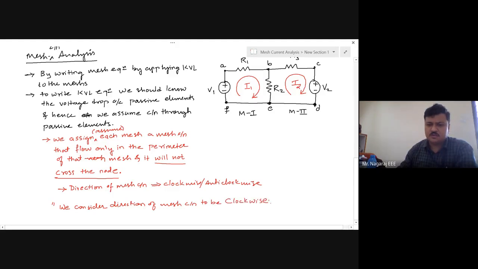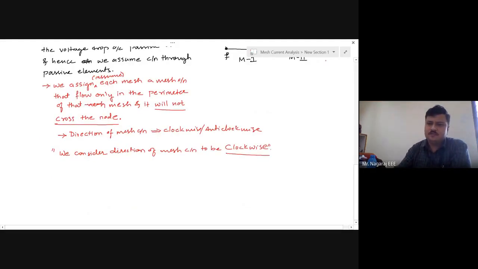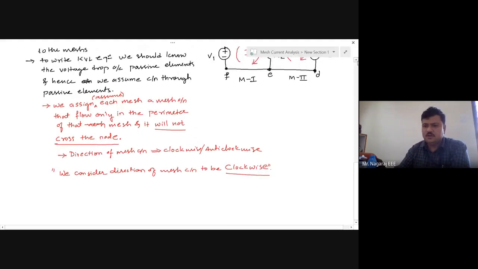In all the circuits we solve hereafter, I consider the direction of mesh current clockwise.